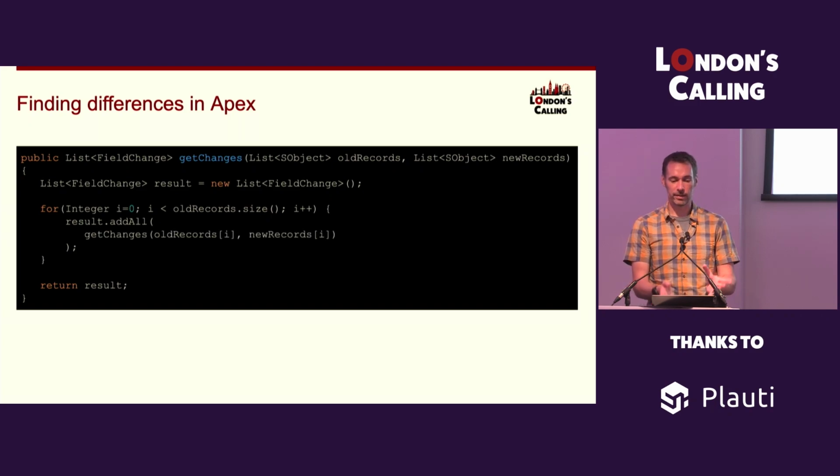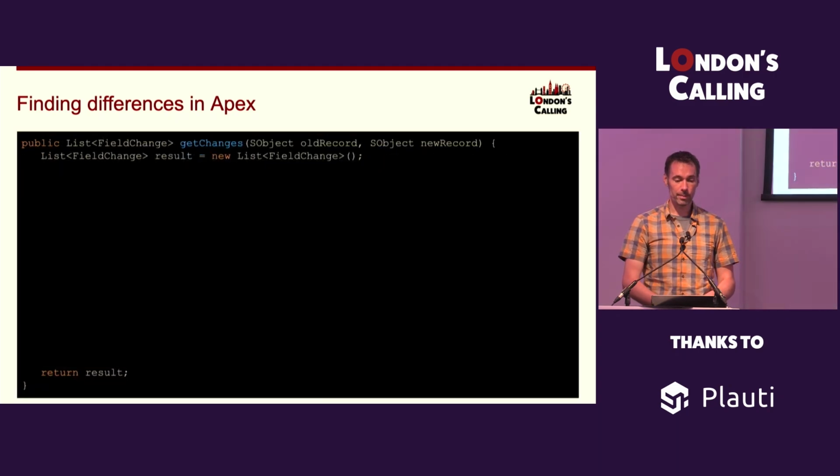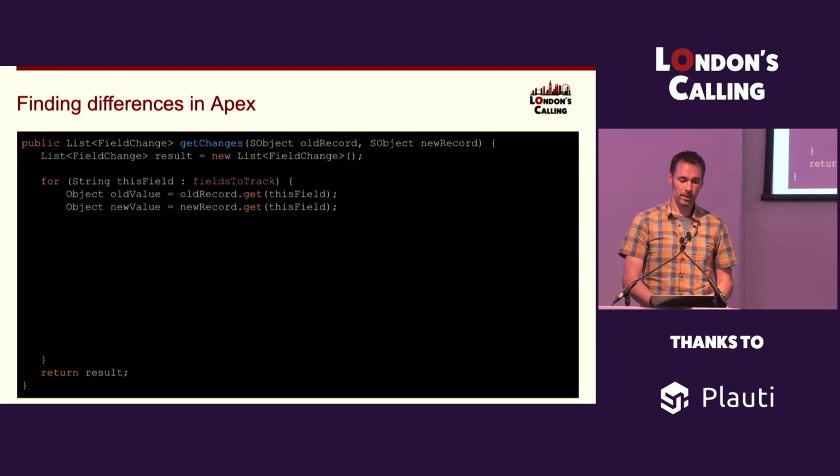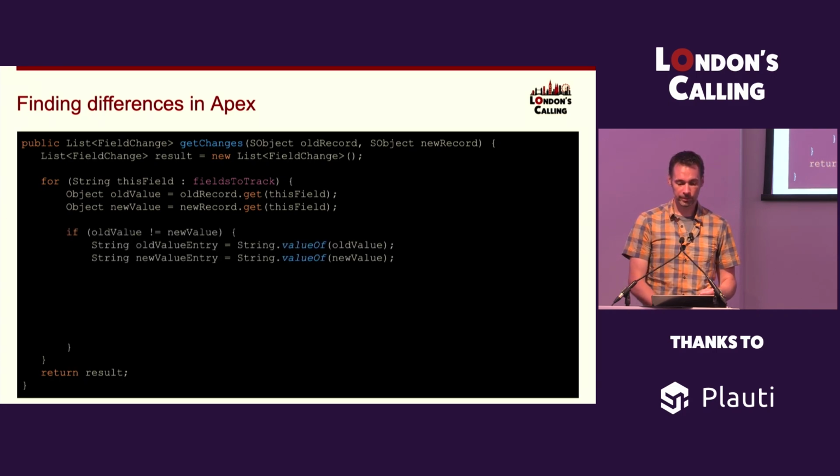Then all the interesting stuff happens in a method that we see on the next slide, where we just compare two records. Same sort of pattern: create a list, return a list. In the middle, we're going to populate it with some stuff. So what we need to do is go through all the fields that we need to compare, and then get the values for that field from the old record and the new record.